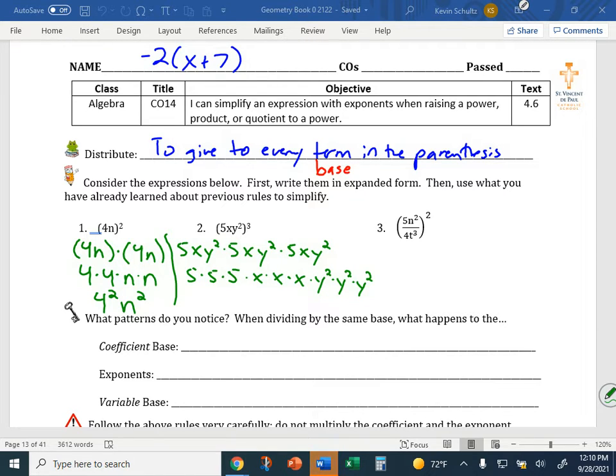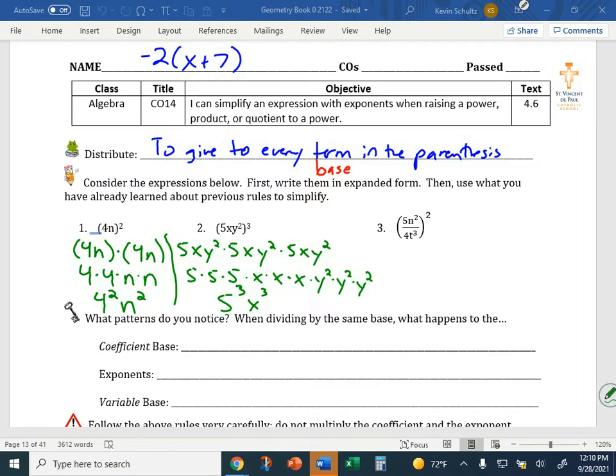I grouped up my 5s and then my bases of x and my bases of y. Even though you might know that 5 times 5 times 5 is 125, for the purpose of this, I'm going to write it as 5 cubed. And then what's x times x times x? X cubed. And what's y squared times y squared times y squared?